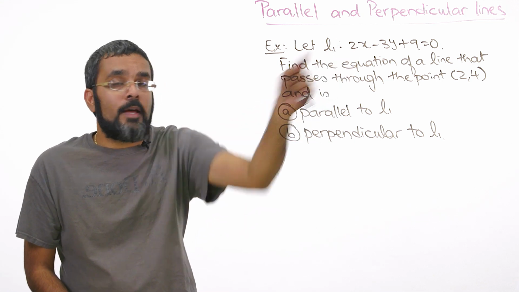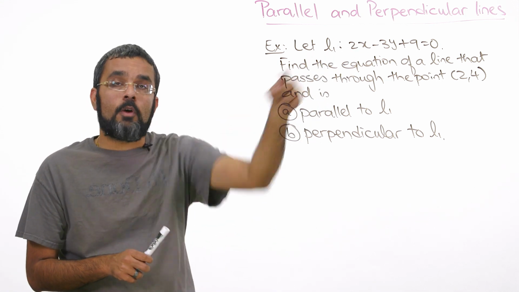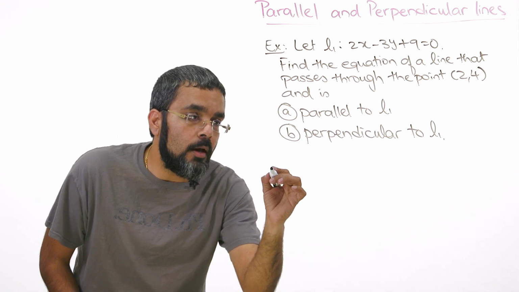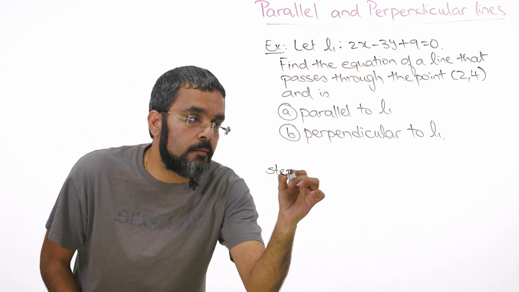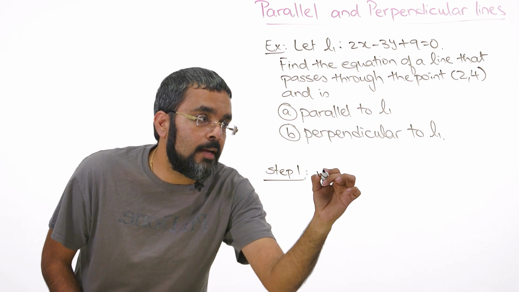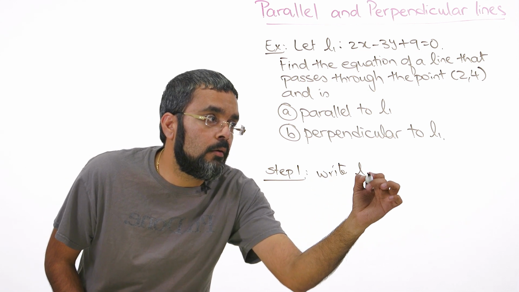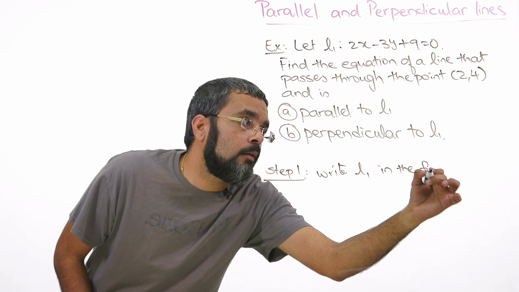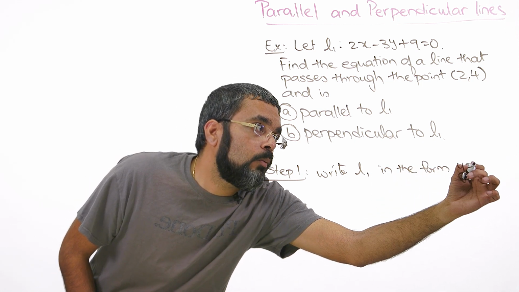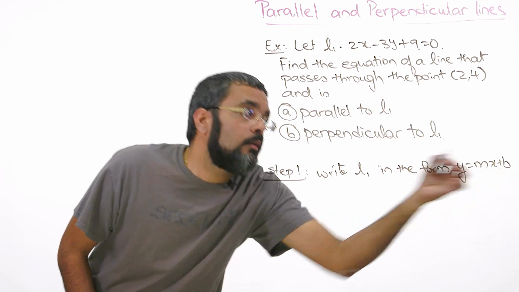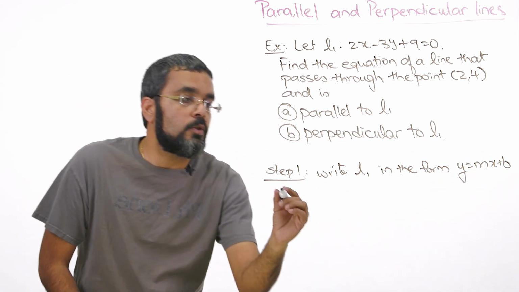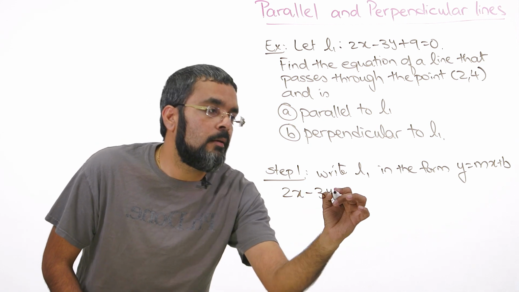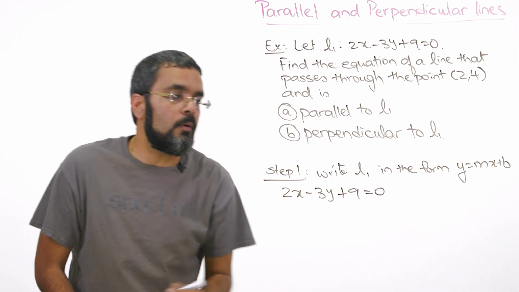So to find the slope of that line, I'm going to solve for y and write it in the form y equals mx plus b. So step 1 is write L1 in the form y equals mx plus b. I have 2x minus 3y plus 9 equals 0.